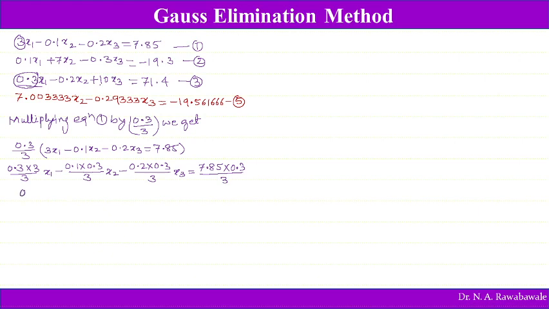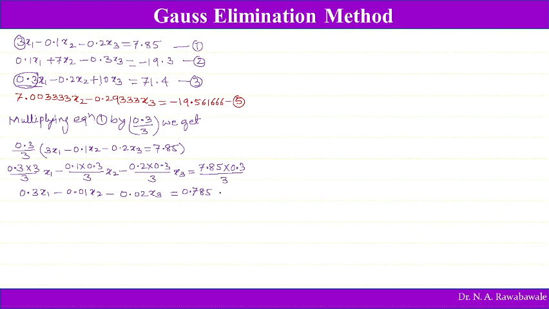We are going to get 0.3x1. So if we simplify, this is going to be minus 0.01x2. Then on simplification of this term, we get minus 0.02x3, which is equal to 0.785.